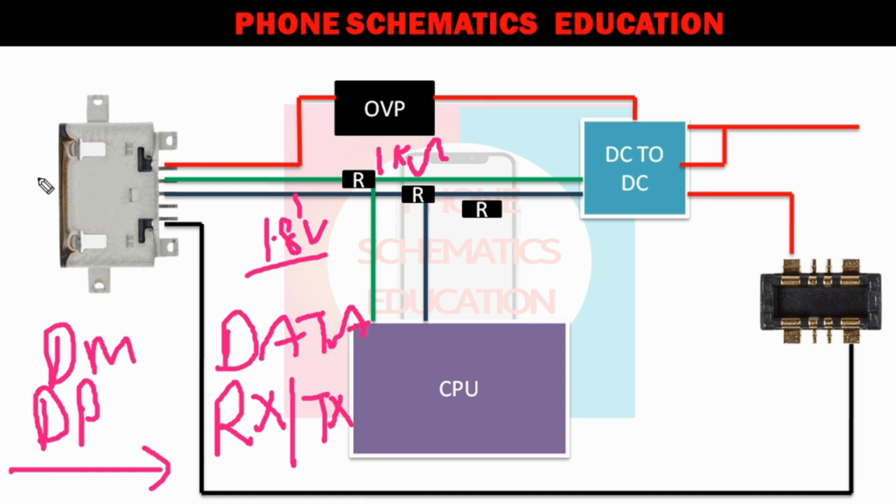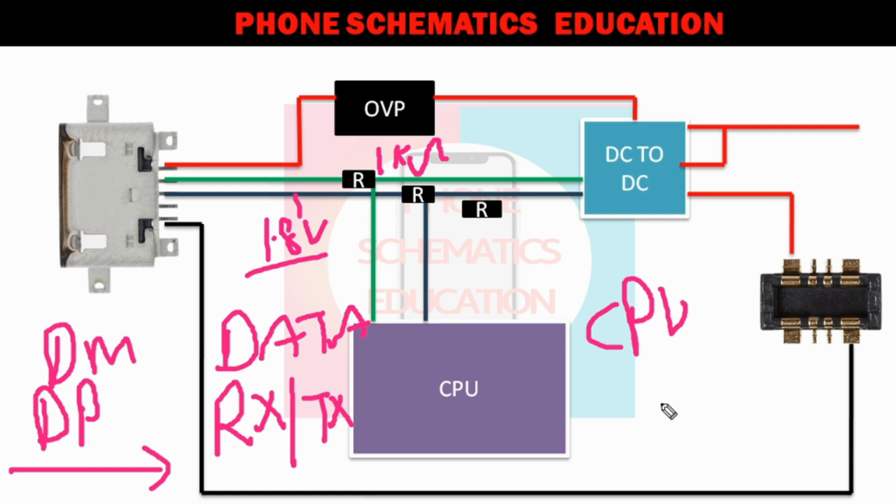Suppose when you connect the data cable to a laptop or PC, these both lines work separately and communicate with the CPU. When you connect it with the laptop, a notification appears on your phone display, and when you click it, you can do file transfer or data transfer basically.